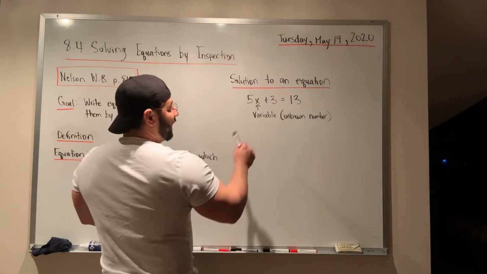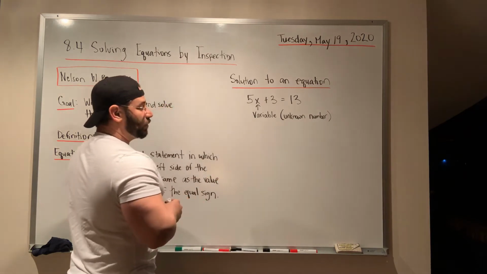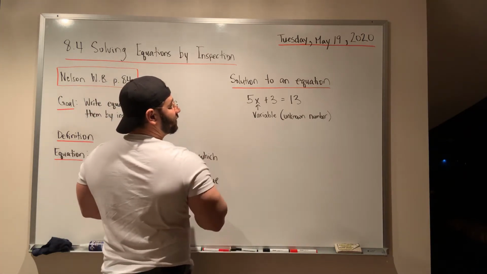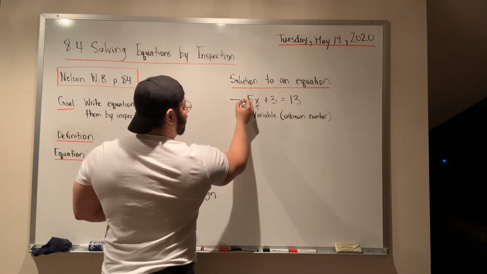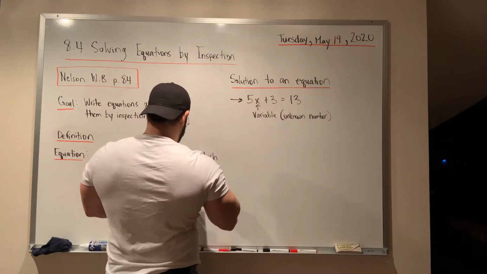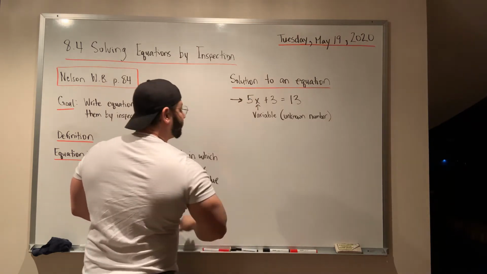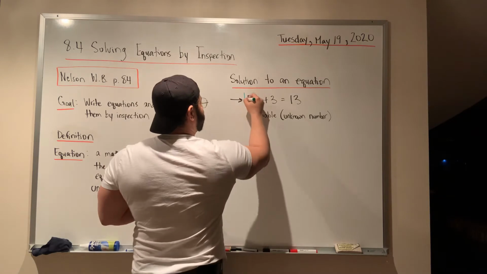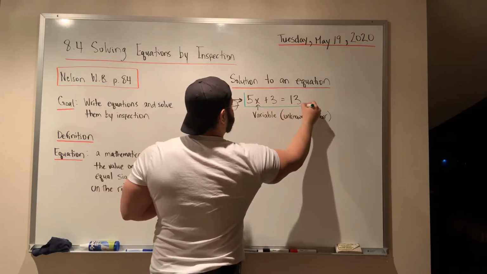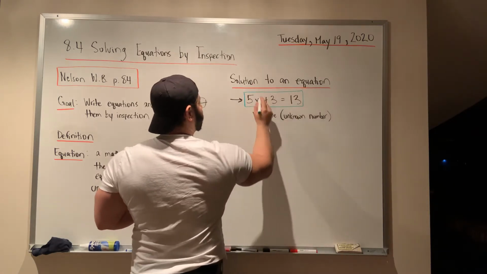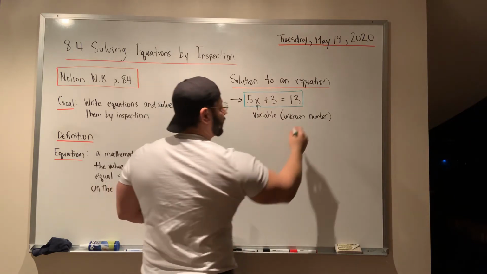If we look at a numerical representation of an equation, that's this here. This entire statement, 5x plus 3 equals 13, is your equation.